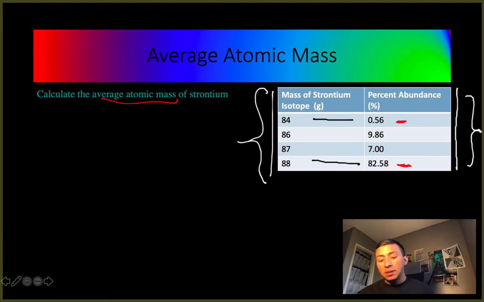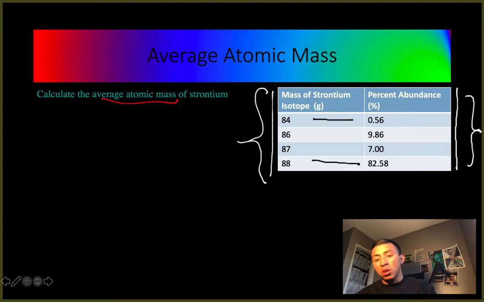So strontium-88 is found significantly more than strontium-84 in nature, and so it's not appropriate to calculate an average in that way, because when you calculate the average in that manner, what you're really saying is that strontium-84 has the same weight as strontium-88. It has the same number of chances of appearing in nature, right? And that's not really the case, because these percent abundances indicate otherwise.